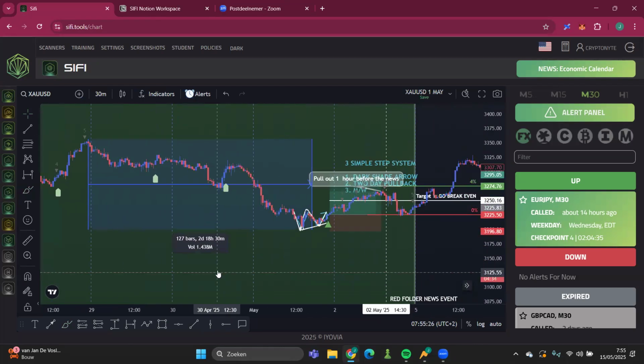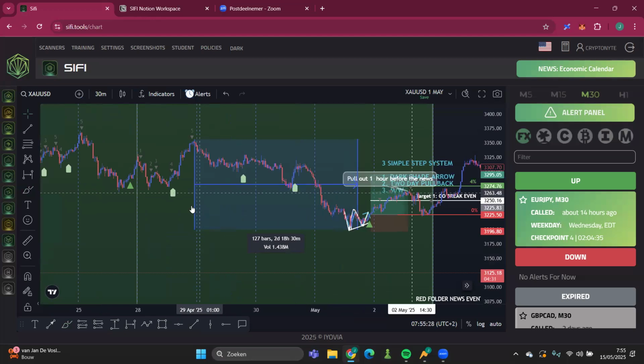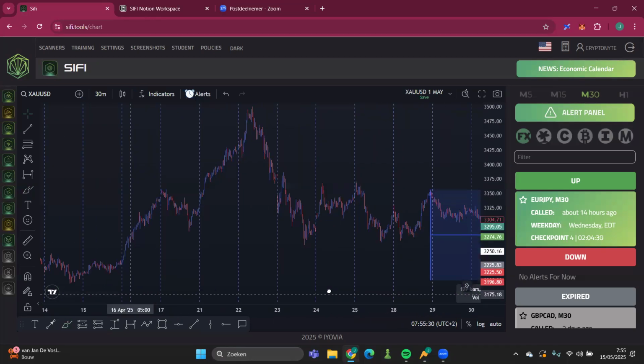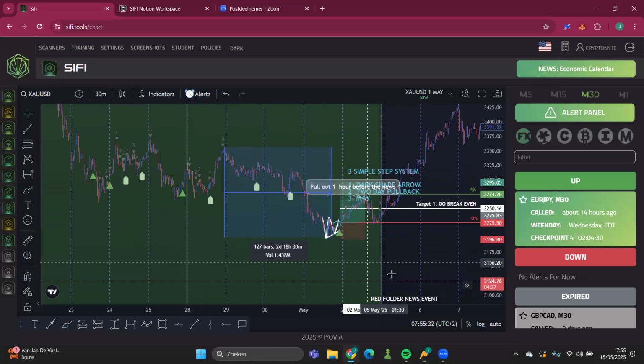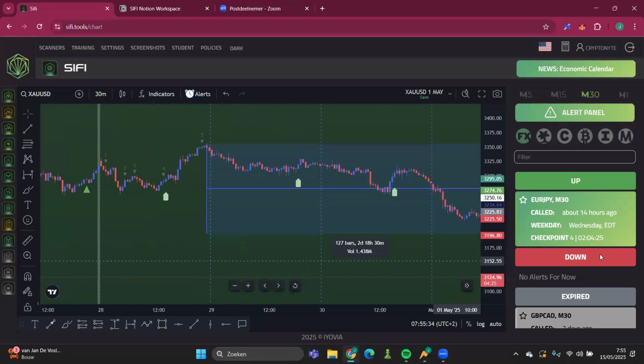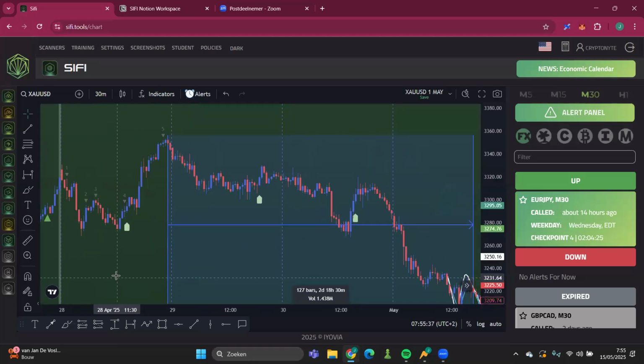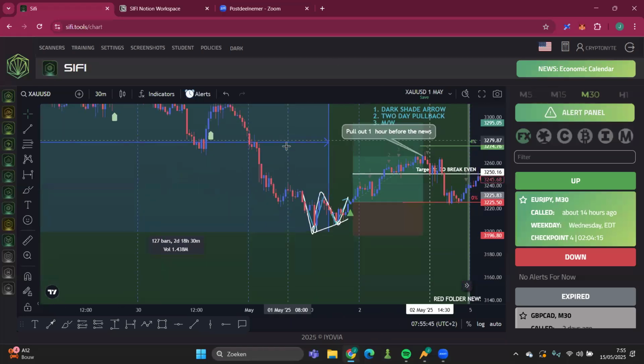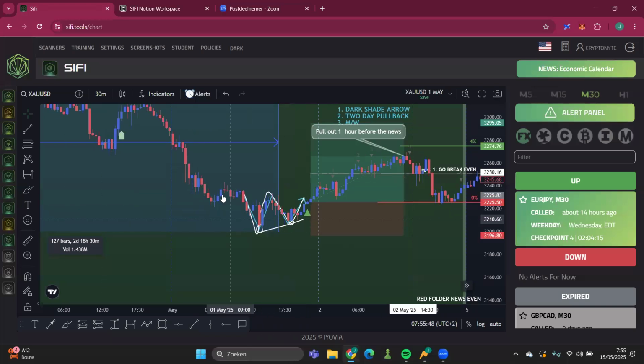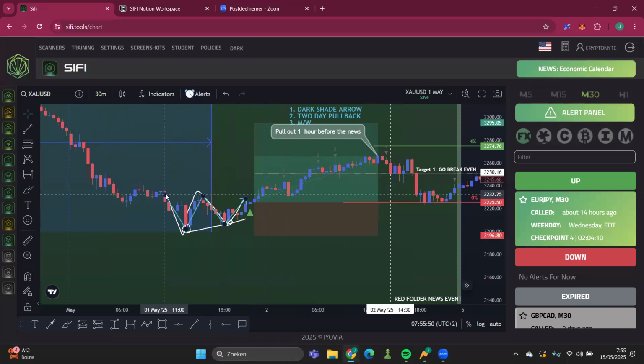Because again, over the last 2 days, over the last pullback, and even if you go further, even the way back, but let's say the last significant move, over these last few days, we see price going lower, creating lower lows, lower highs, lower highs. Right? So for price to then give us that higher low, and then the arrow is very, very strong.